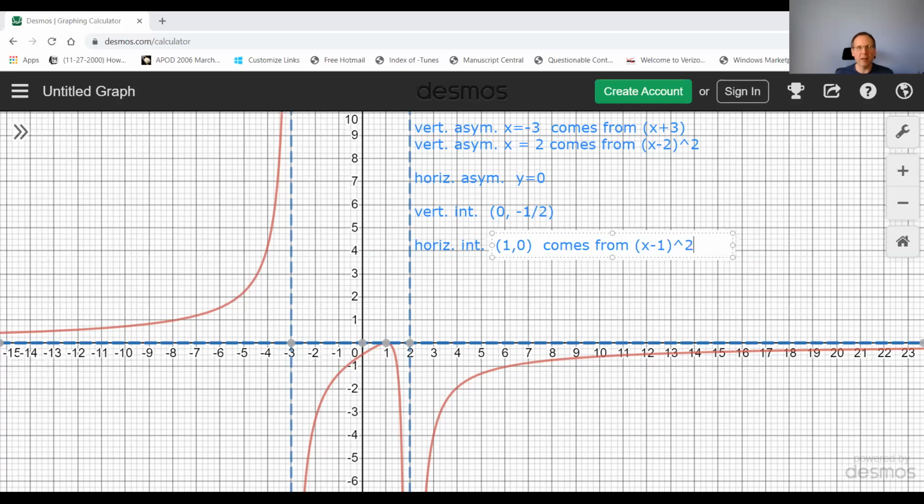Okay, and I guess that's all the information we have. So let's use all this information to figure out that function. So I'll go back to the iPad one last time. Okay, so let's figure out the function for that graph that we just observed. So again, what did we find?